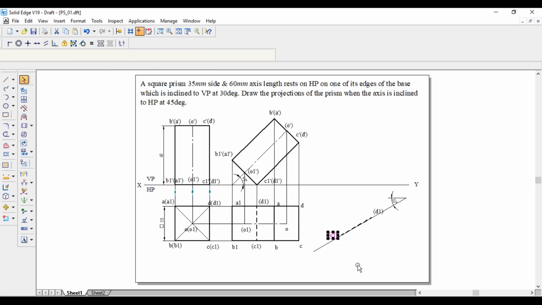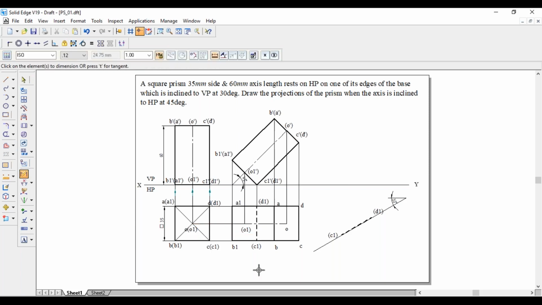Now for this C1 D1 line, these two lines are perpendicular. These two lines are perpendicular. So we will divide that one, and this is 24.75, whereas this one is 42.43.